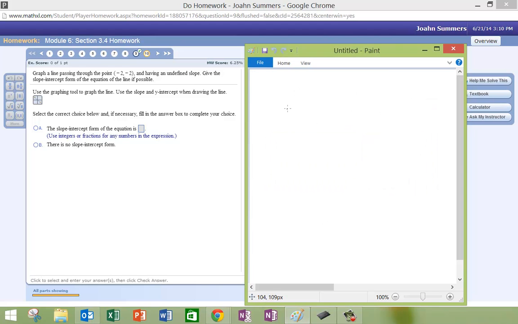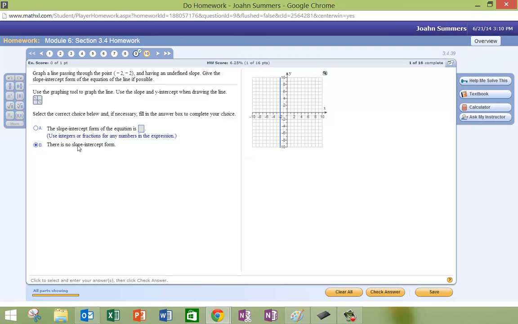The slope-intercept form is y equals mx plus b. Well, the line that we just drew never crosses the y-axis, so there is no b. And the slope we said was undefined, so there's nothing we can put in there. So our correct answer will be B. There is no slope-intercept form.